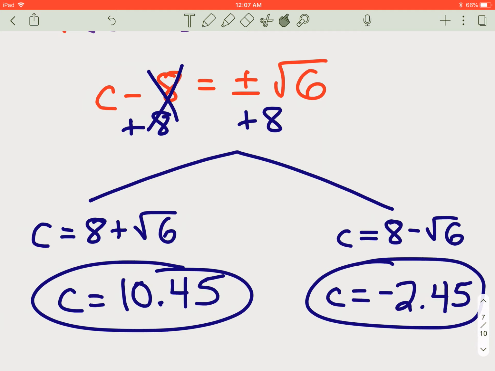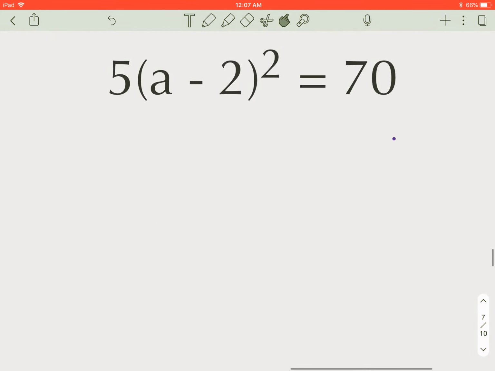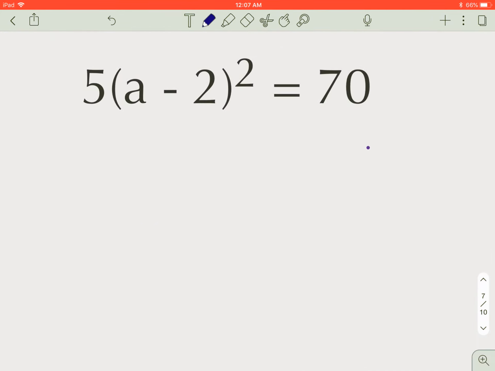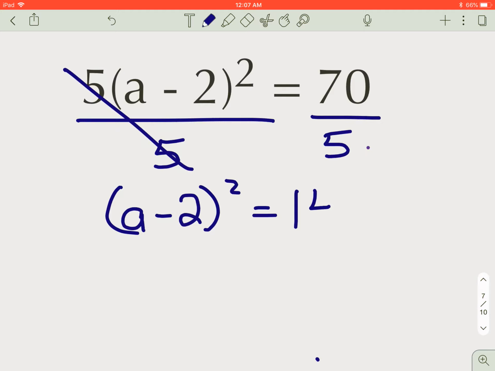All right, last example for this video is very similar to some of the ones we've already done. In order to access the stuff on the inside of the parentheses, I have to get rid of everything else on the outside first. So I would start by dividing by 5, dividing by 5. I'd be left with a minus 2 in parentheses squared equals 14.